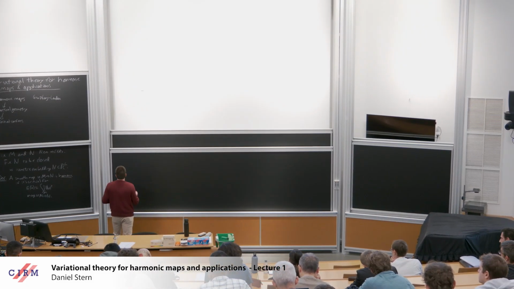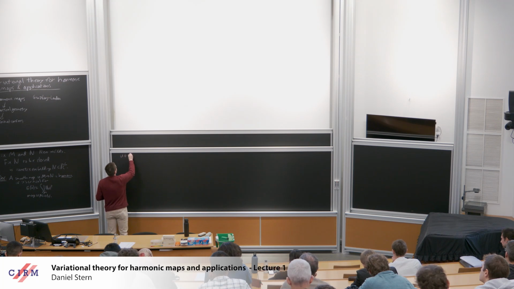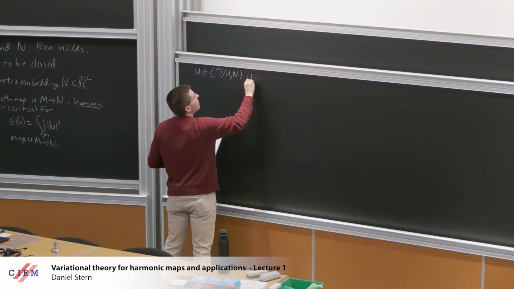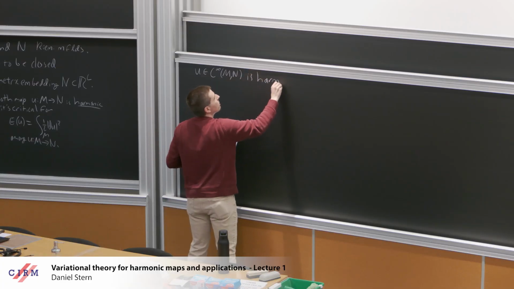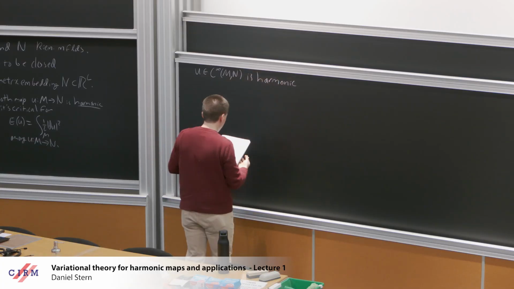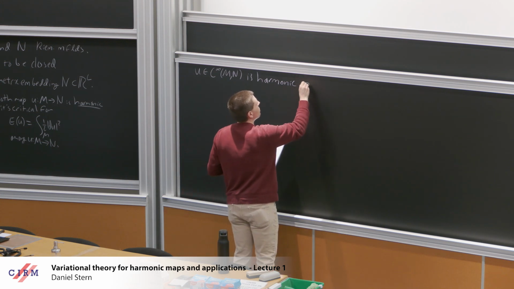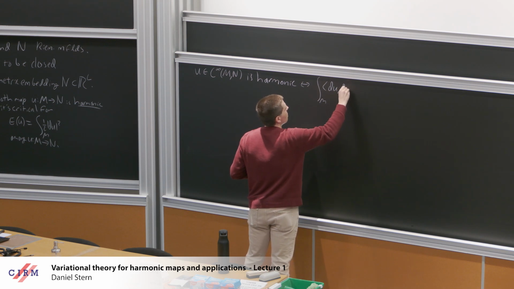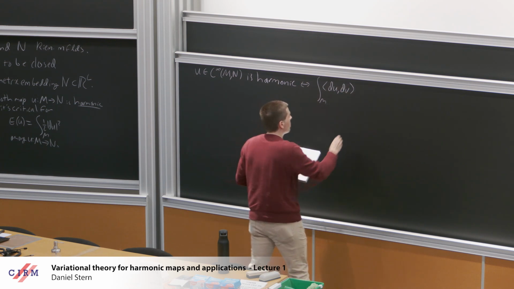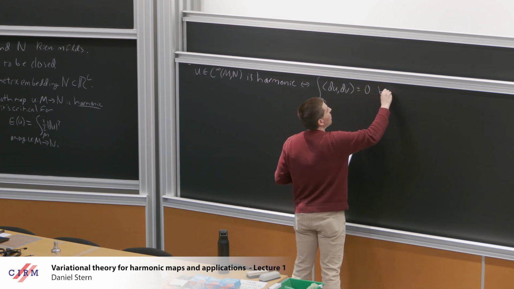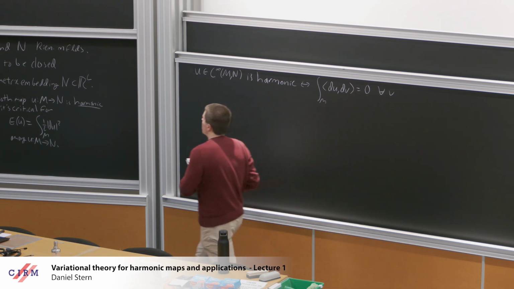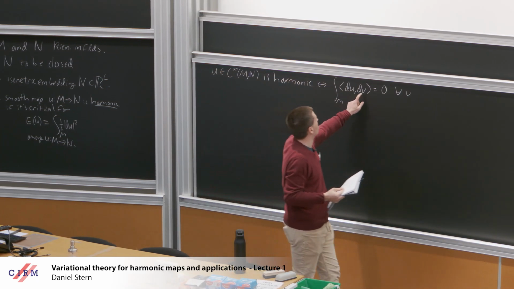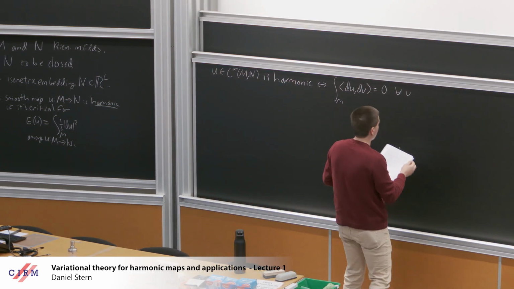So in particular, we can write this a few different ways. So u in C infinity of M, N is harmonic. Well, one way of saying this is that this pairing du, dv, taking the derivative of the L2 norm of the gradient, is going to vanish for all those v which arise from variations which stay in the target. So v will have to take values in the tangent space of the target everywhere.